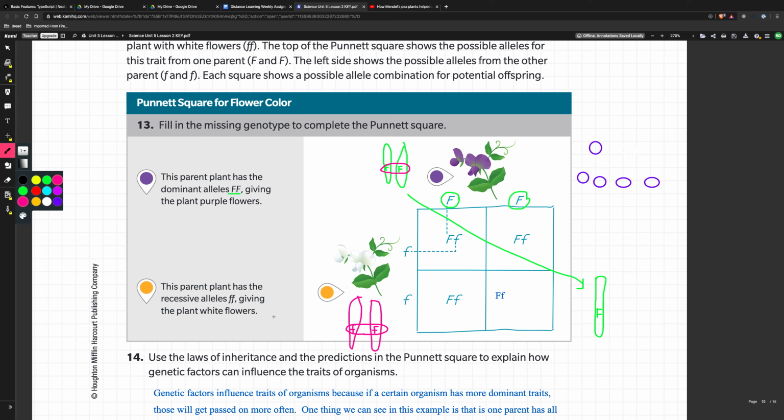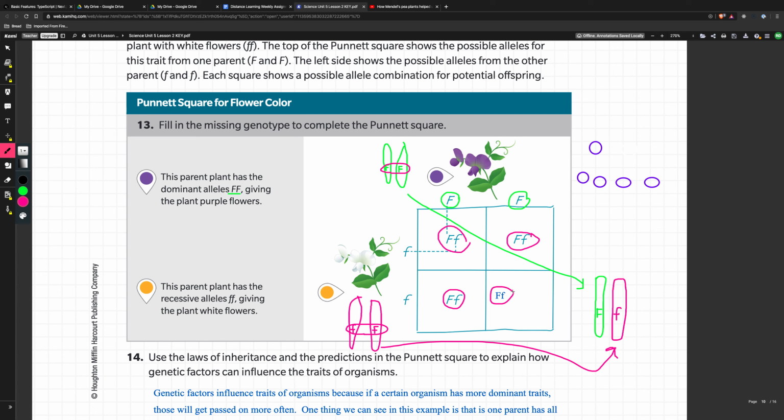And then the other parent would pass on one of their chromosomes, but in their chromosome you've got a lowercase f, the recessive trait. So what do all of the offspring have? You can see that here in this table: all of the offspring have 1 dominant, or capital F, and 1 recessive gene.